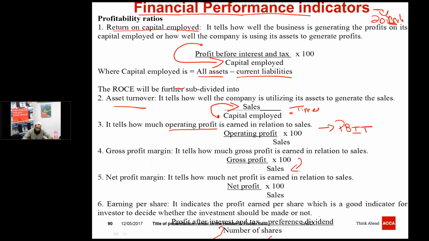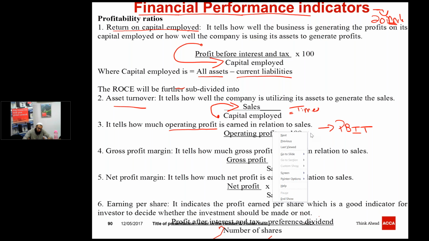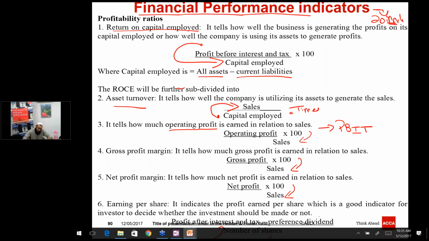So it indicates the percentage profit on the company's sales. Same goes for net profit, the percentage net profit earned on its sales, and same goes for gross profit, the percentage gross profit earned on its sales. So operating profit is the percentage operating profit earned on sales, percentage gross profit earned on sales, percentage net profit earned on sales.